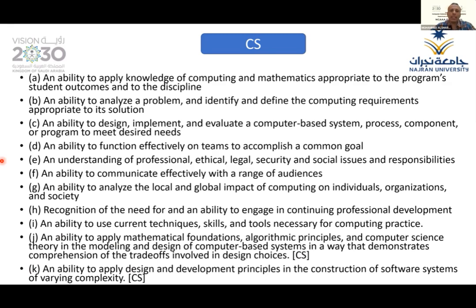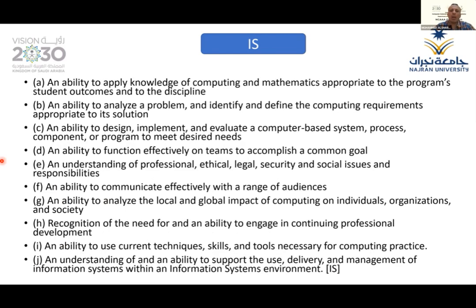IS, as we said, these are the program learning outcomes for IS for the current plan, not for the updated plan. It's 10 learning outcomes from A to J. As I said, 1 to 9 are similar. The only difference is in the last one, J, an understanding of and ability to support and use delivery and management of information systems within an information system environment.